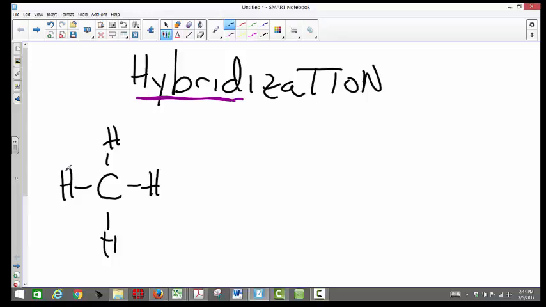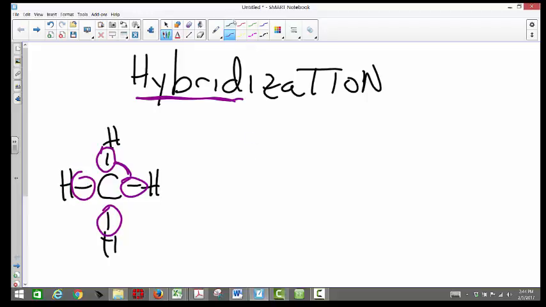Now, molecular geometry tells us that this is a tetrahedron. Every single one of these bonds is identical in bond length, and every one of these angles has an identical bond angle.